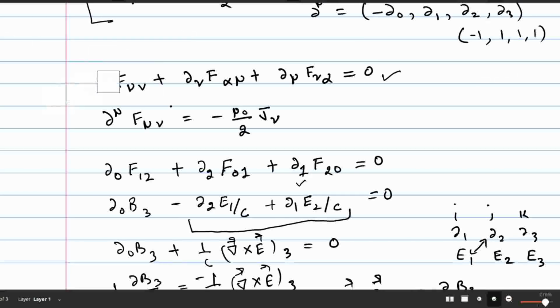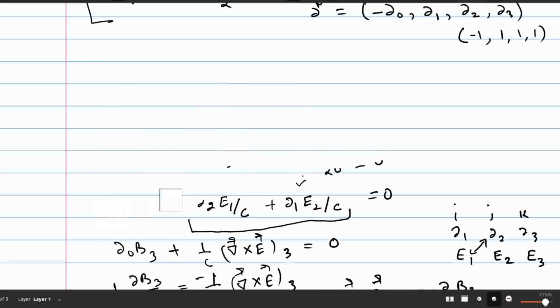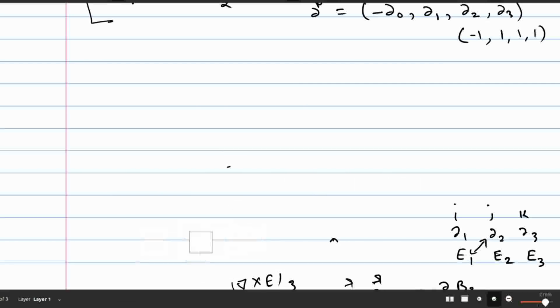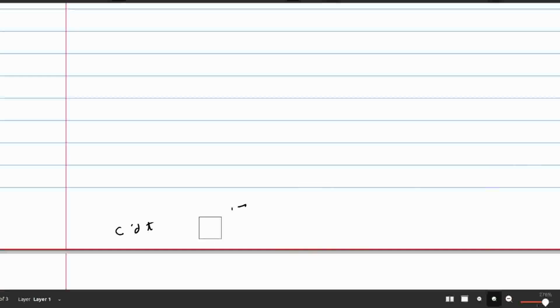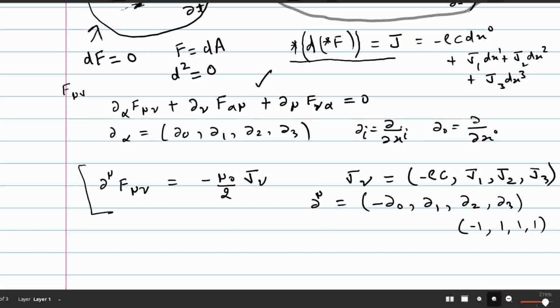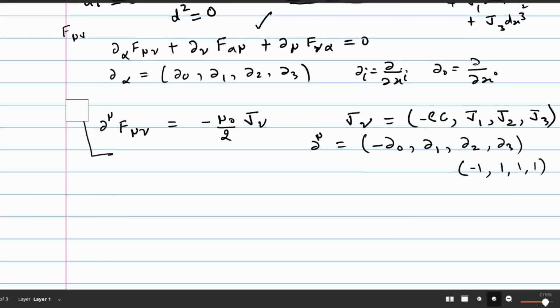Similarly, instead of taking one of the indices to be time x0, if we take all the indices alpha, mu and nu to be spatial indices in this equation, if we take alpha 1, mu and nu 2 and 3, then we get delta 1 f23 plus delta 3 f12 plus delta 2 f31 equals 0.